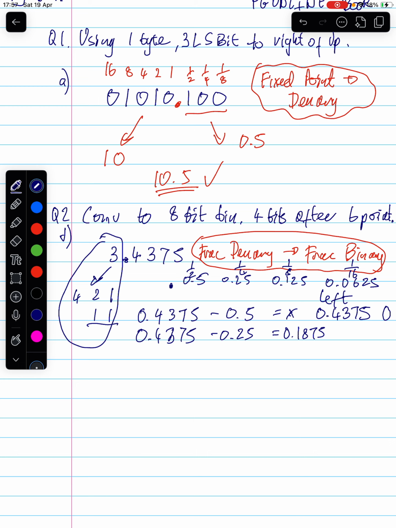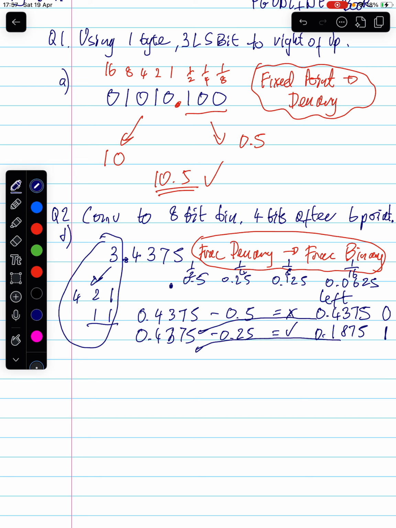I'm just going to change my layout. So we can do that, and we're going to have a 1 here. What's left over when you do this subtraction is 0.1875. Now if you notice, this goes over here, so we do the same thing again, copying that over.